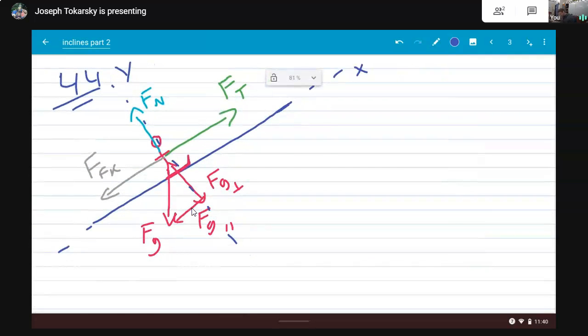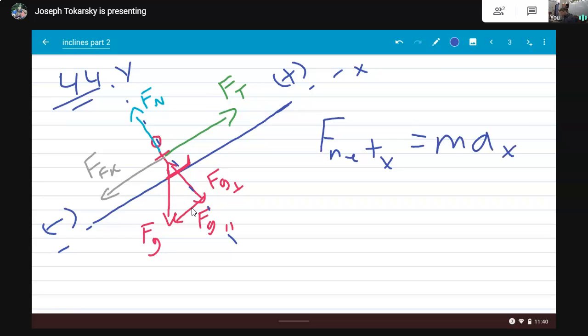So when we set up F net on the x-axis, this time I'm going to make up positive because I'm moving upward. I'm going to make the direction I'm moving in positive, opposite, so down's negative, equals ma on that axis.